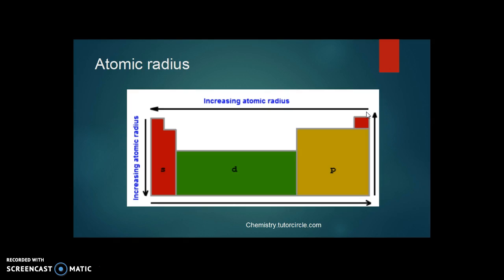Opposite, as we go from right to left, we expect the atomic radius to be going up, and it does. And as we go from top to bottom, of course, we're increasing the number of shells. We are increasing the distance between the outer shell electrons and the nucleus. The atomic radius should go up as we go from top to bottom, and indeed it does.